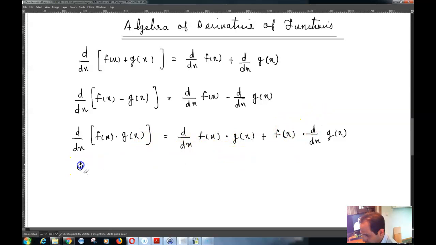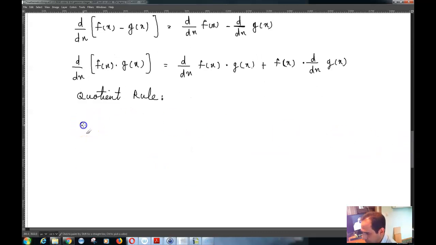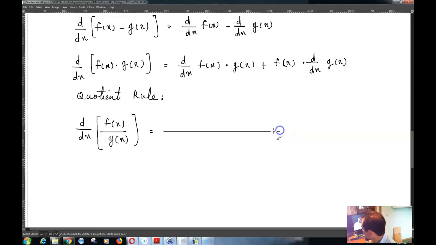This is also called the quotient rule, which is d by dx of f of x divided by g of x is equal to d by dx of f of x times g of x minus f of x times d by dx of g of x, over g of x whole squared.